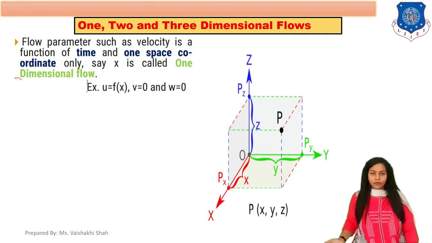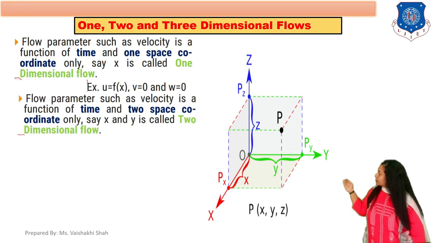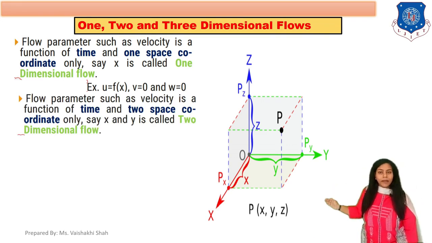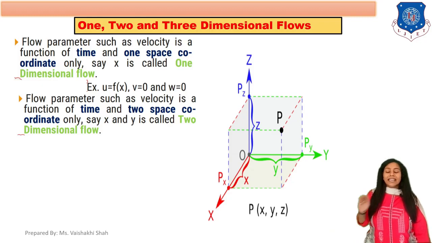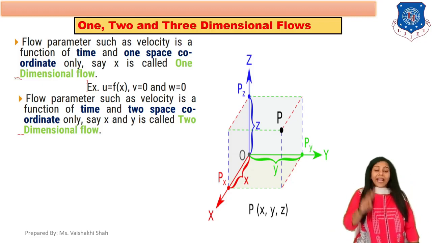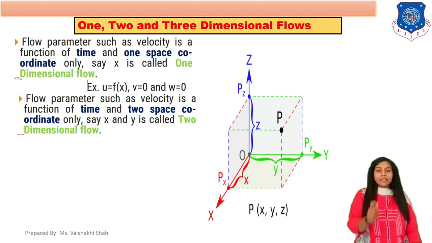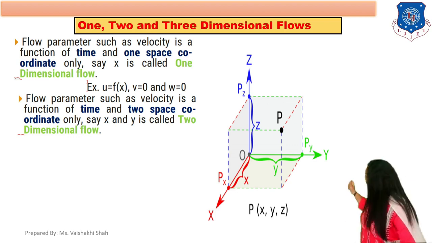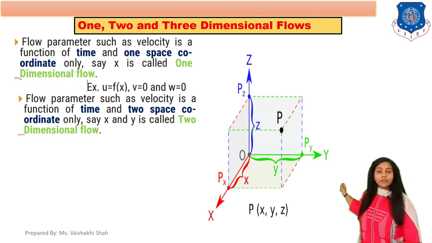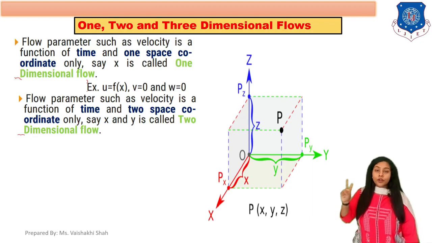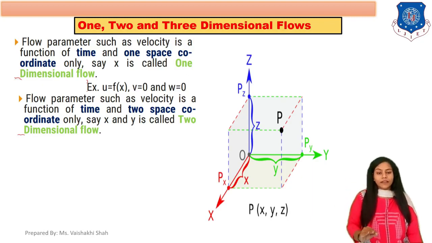Now for two-dimensional flow, the flow parameters such as velocity are a function of time and two space coordinates, such as x and y.